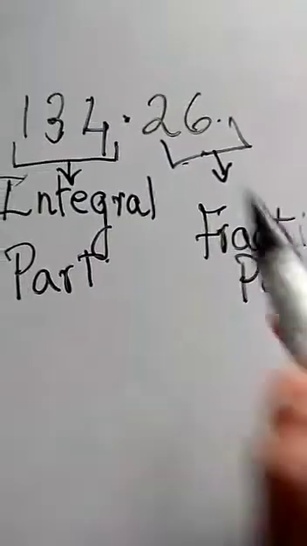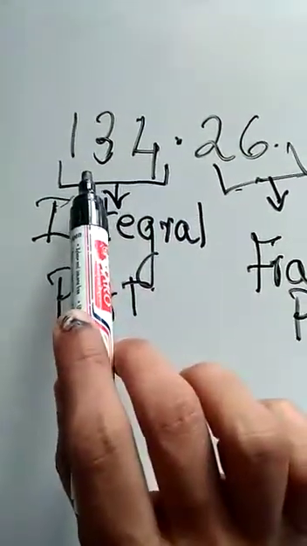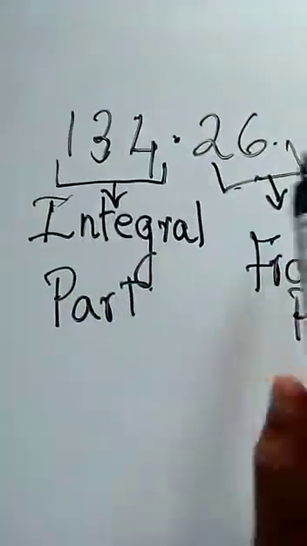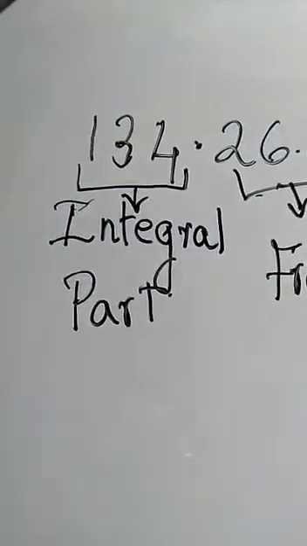So in a decimal number, the number before the decimal point is the whole number and it is called the integral part, and the remaining part after the decimal point is called the fractional part.